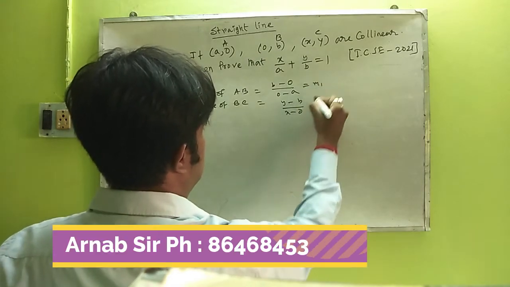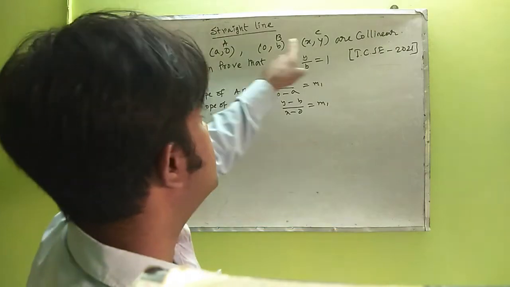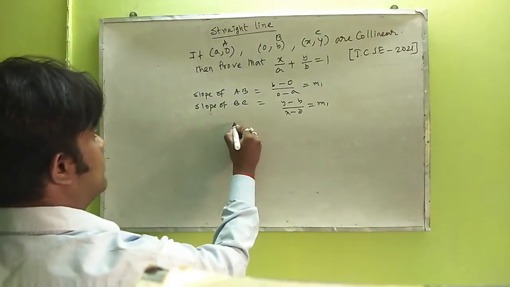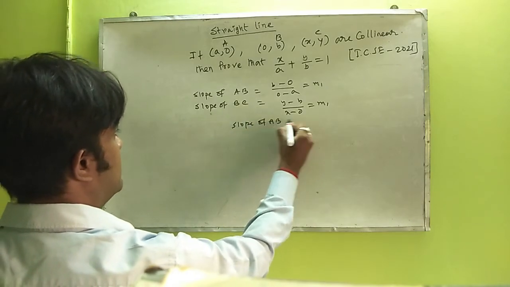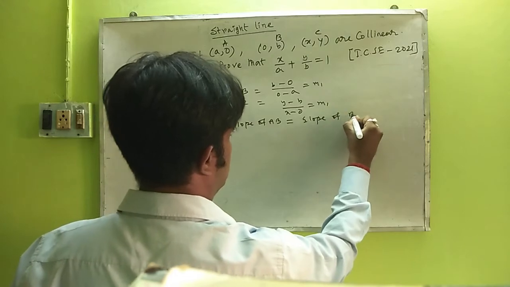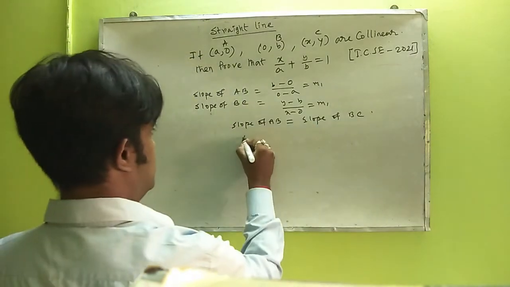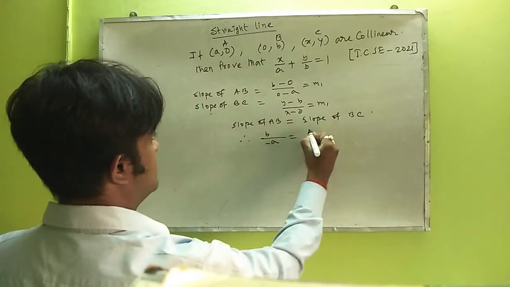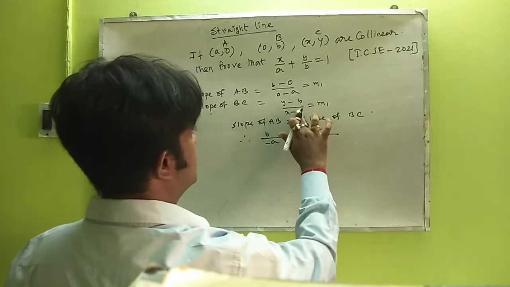This is m1 and this is m2. Then you write: since A, B, C are collinear, slope of AB is equal to slope of BC, that is B by minus A is equal to y minus b over x minus 0.